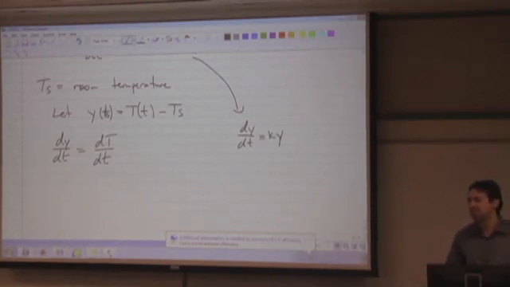The other ones, if I'm to do a problem from the book, I mean, I don't have to do this since it's an example. I can do a problem from the book, which says the exact opposite. Take a bottle of beer from the fridge, put it in the room, and after how long it reaches certain degrees. So it's going to be warming instead of cooling.